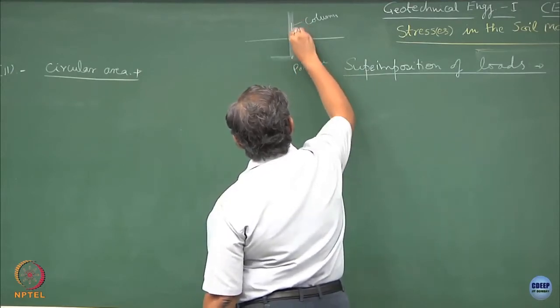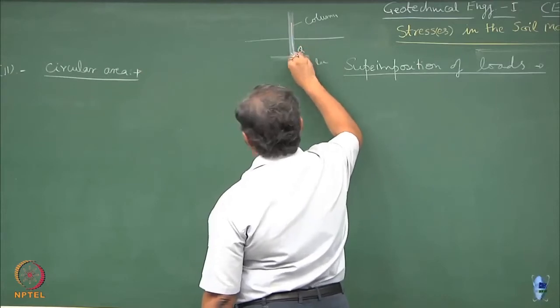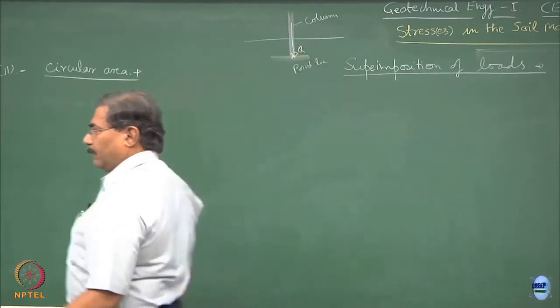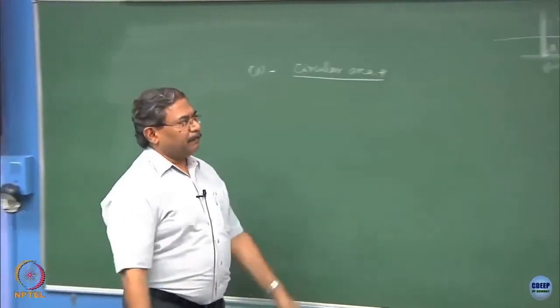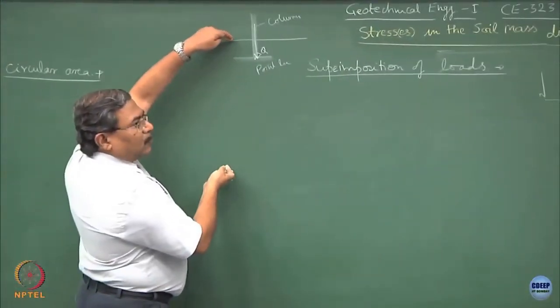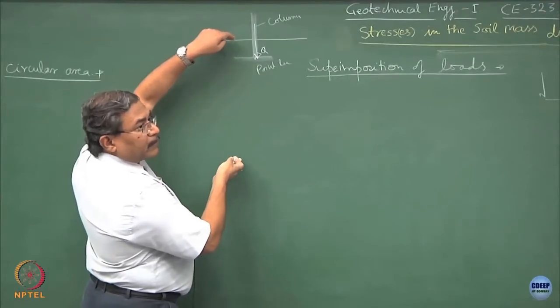The best possible approximation would be that the Q is acting at a given point. Though the foundation also is of finite size, this is an approximation as compared to the domain of semi-infinite soil mass. Clear?